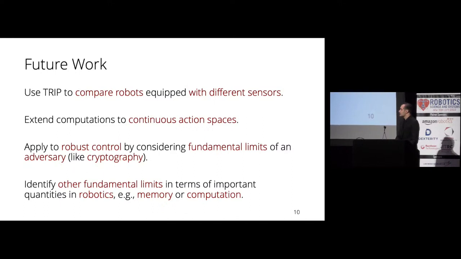A much more interesting extension is to apply this bound to robust control by considering fundamental limits on the performance of an adversary, and then trying to minimize the performance of the adversary so that we can generate a large reward with a guarantee. And finally, we'd like to try and derive similar fundamental limits for other important quantities in robotics, like memory or computation.